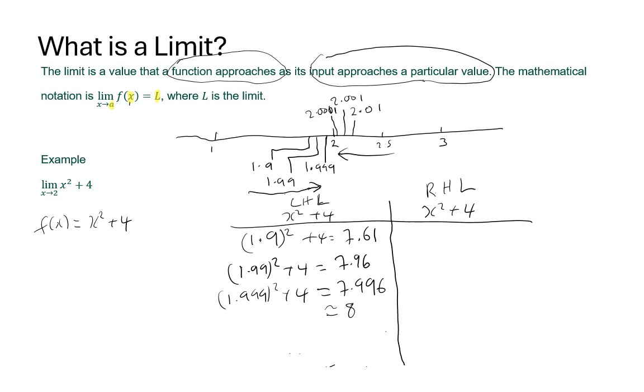At the right hand side, if we start with 2.01, then we'll be approaching 2.